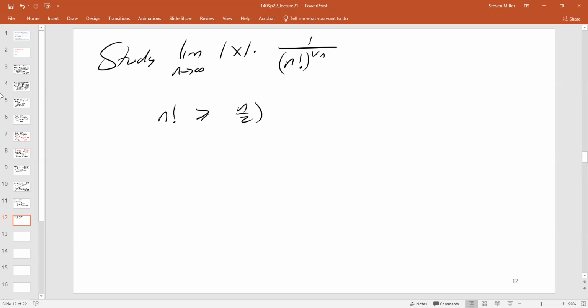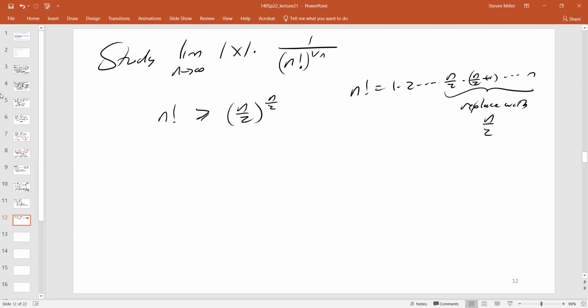Do you agree that n factorial is greater than or equal to n halves to the n halves? N factorial is 1 times 2 times n halves plus 1 dot dot dot n. And for each of these, you replace with n over 2. So I'm making n factorial much smaller by just taking the second half of the terms and just replacing with n over 2.